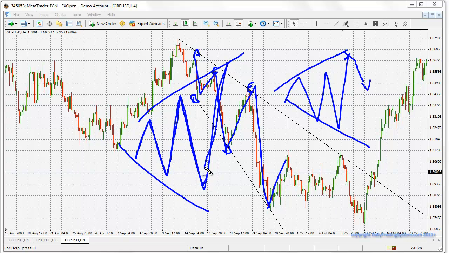From where they start and stop, the move from this point to this point should be larger than that point to this point. Then this point to this point should be larger than that one to that one, if you follow me. And that one to this point should be larger than this one, and so forth.